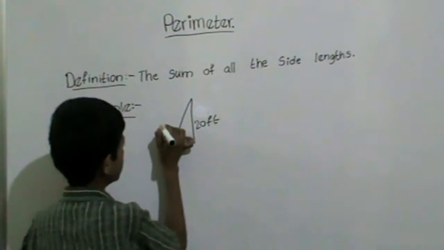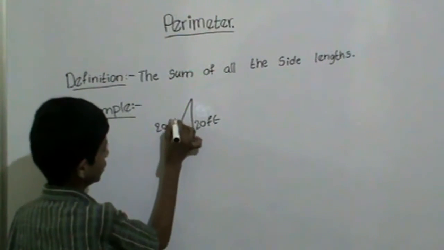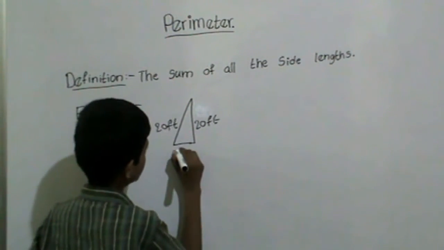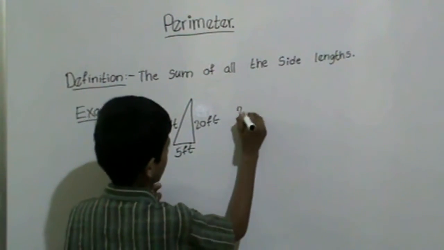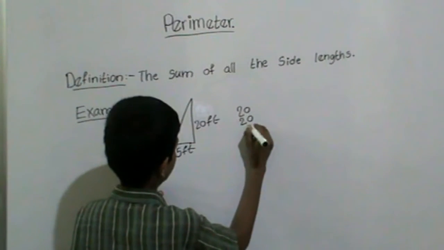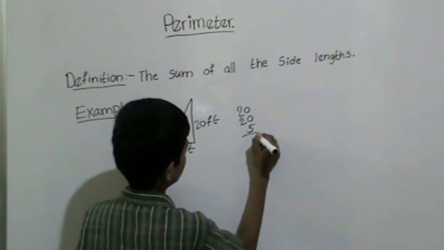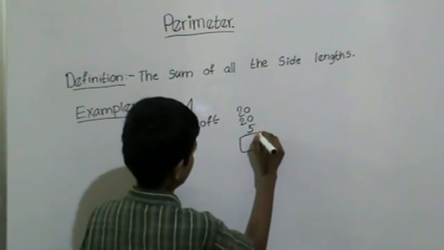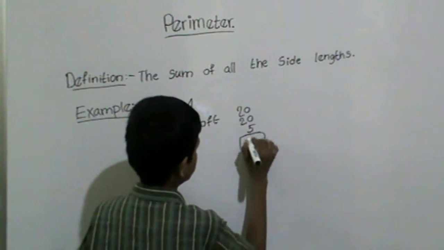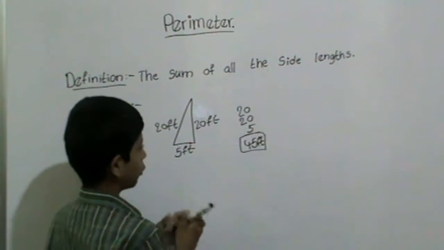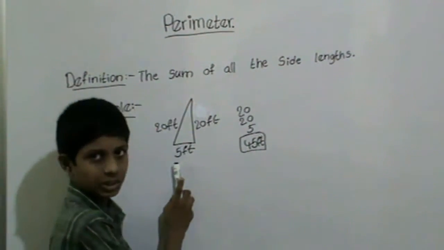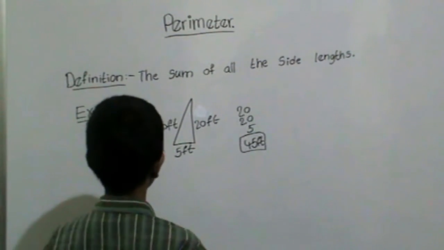This measures 20 feet. And this measures 5 feet. To get the perimeter, just add all the side lengths. You will get 45 feet. 45 feet is the perimeter of this triangle. Okay?